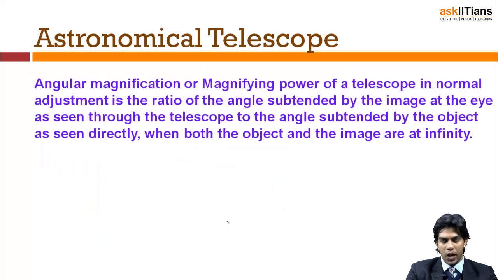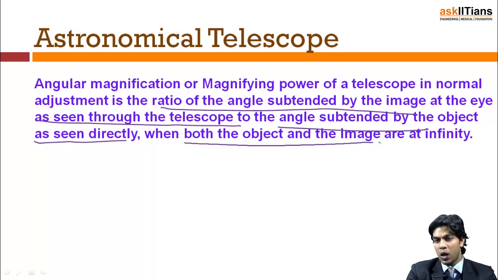Now again, the angular magnification, or the magnifying power of the telescope, tells me the same thing: the ratio of the angle subtended by the image at the eyepiece as seen through the telescope to the angle subtended by the object as seen directly, when both the object and image are at infinity. For the telescope, I'm looking at objects at infinity.